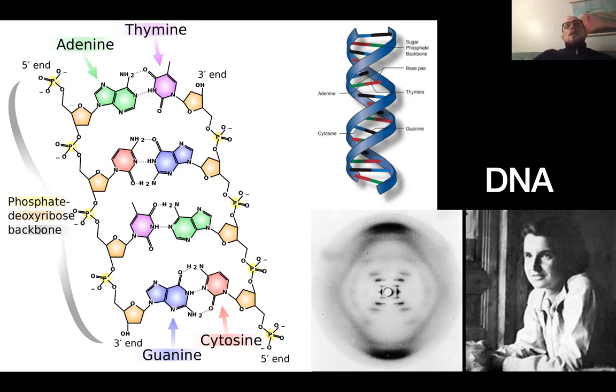And this picture can be interpreted to explain the shape of DNA. I won't go into the details of how that works, but the other people that were working with her, James Watson and Francis Crick, were able to figure out that this indicated that DNA was actually a double helix coiled on itself. And for that, they won the Nobel Prize. Rosalind Franklin should have won it as well, but she wasn't granted it by the Nobel Prize Committee.